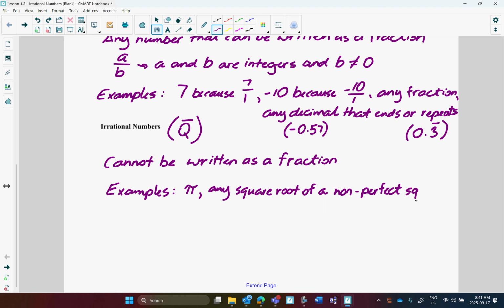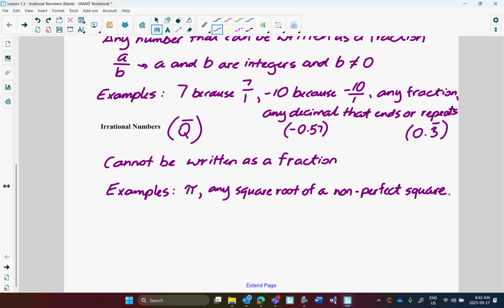So if we start at 1 and start taking square roots, well, the square root of 1 is rational because it's 1, which can be written as the fraction 1 over 1. The square root of 2, well, you can't do it without using a calculator. And when you use your calculator, you get this long decimal answer. That decimal answer actually never ends or never repeats. Okay? Same with the square root of 3. What about the square root of 4?